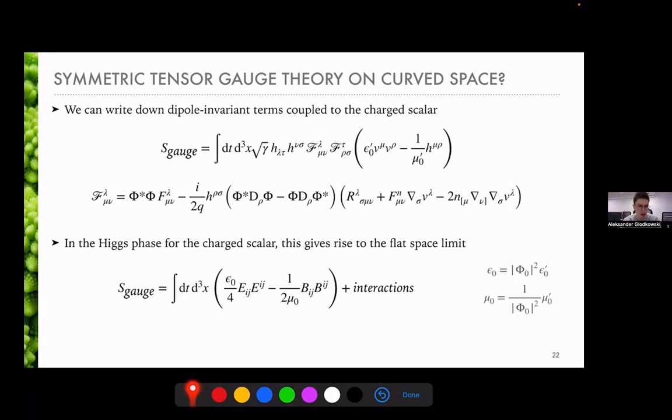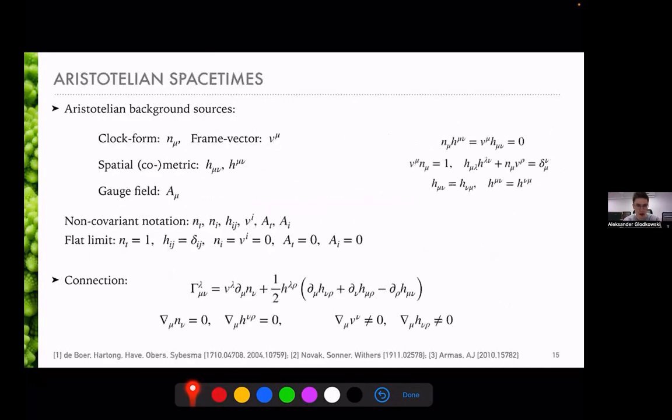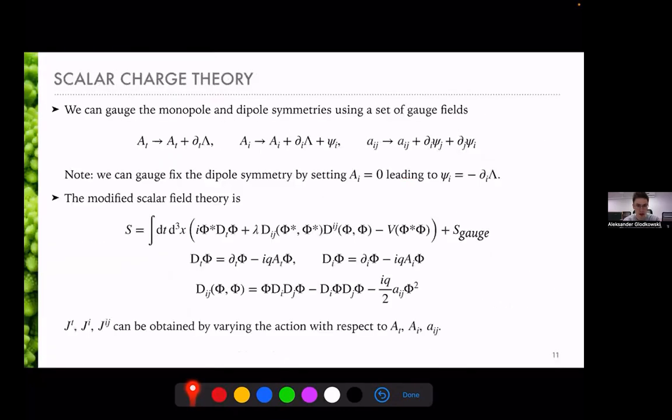So when you gauge your action, you introduce those gauge fields. That's not a unique way to gauge it, right? There's another way to gauge it where you would just have two gauge fields and a different transformation property. Yes, that's a special case of this.